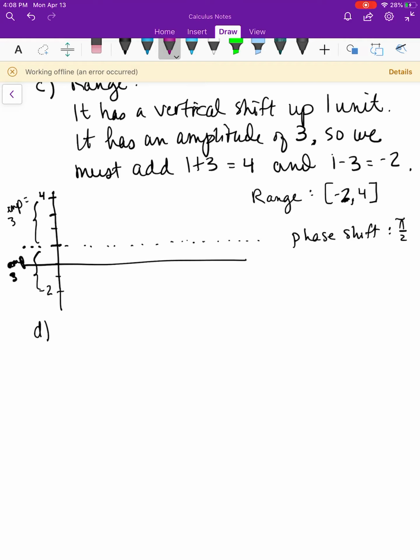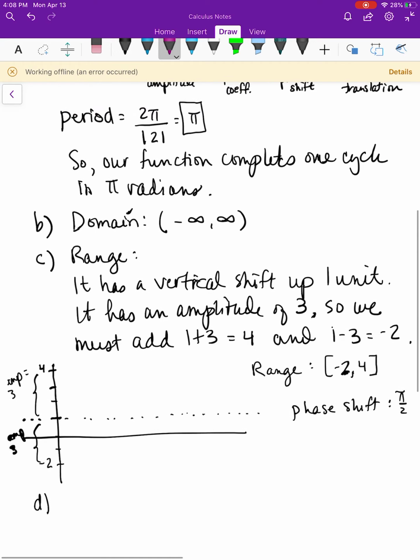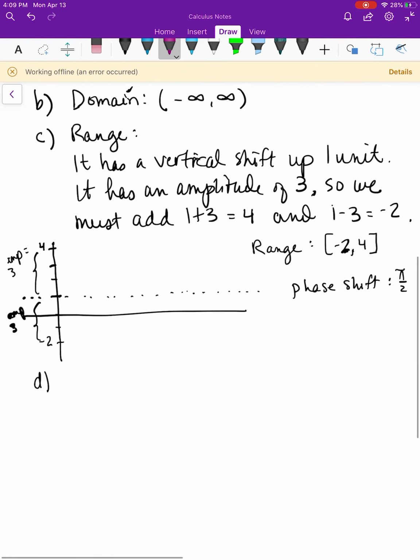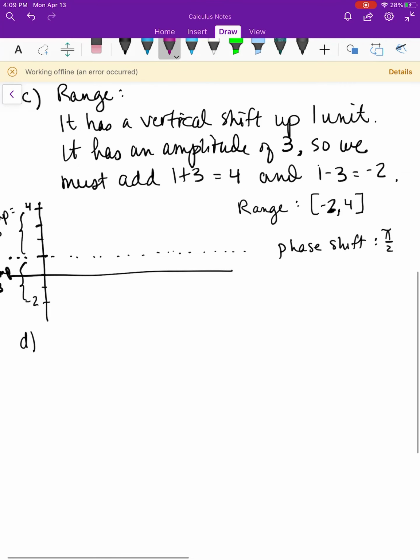And so normally, I'm just going to put a little dash in there for normally. If I just had this function, if it didn't have a phase shift, and it's a cosine function, and it's positive, right? Positive cosine, that means it's going to be at its highest point at 0 for a non-phase shift. We said that it completed a cycle.